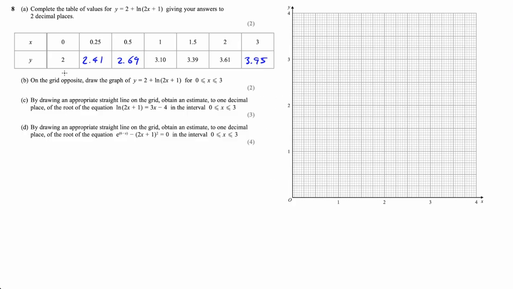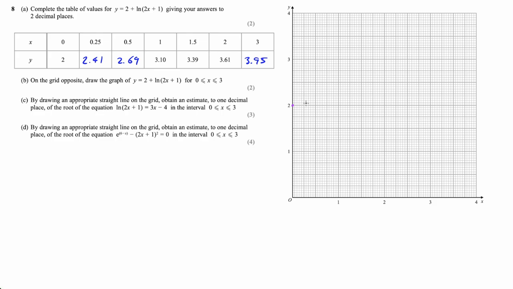So very easy. I just plot these points. 0, 2 is here. 0.25 is here, and it's 2.41. This is, guys, 2.5, and I want 2.4.